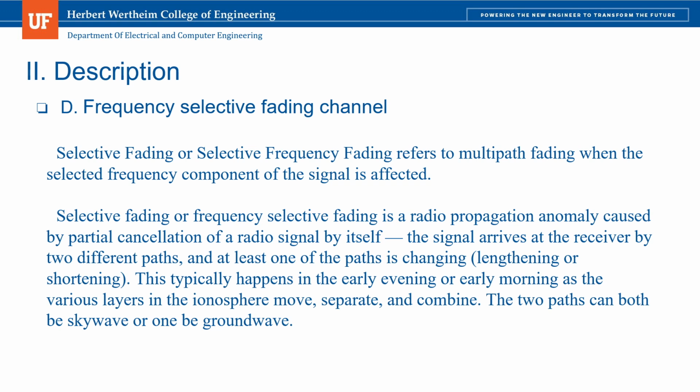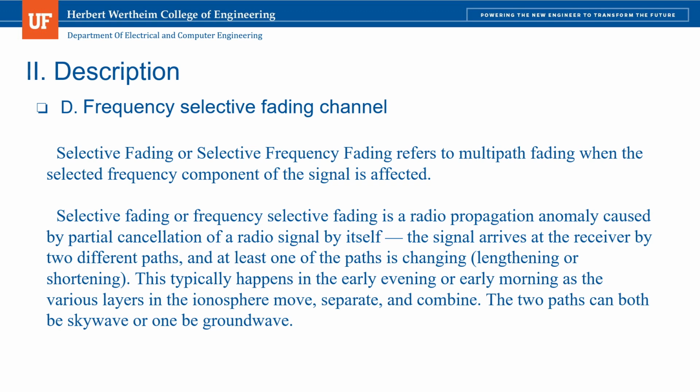And the final part is an introduction for the frequency selective fading channel. Selective fading or selective frequency fading refers to multipath fading when a selected frequency component of the signal is affected. Selective fading is a radio propagation anomaly caused by partial cancellation of a radio signal by itself.